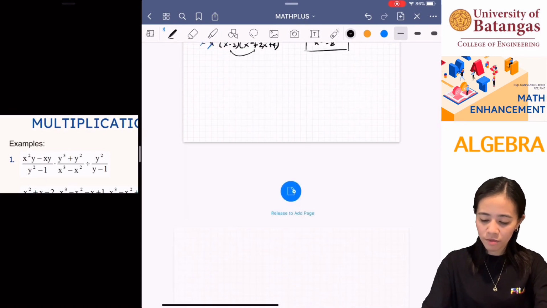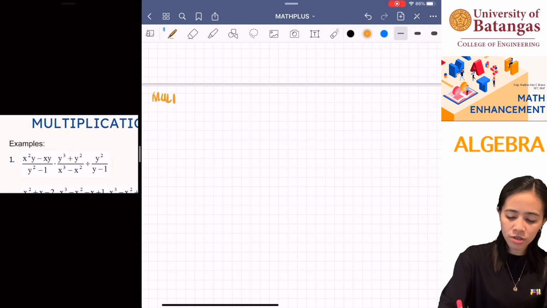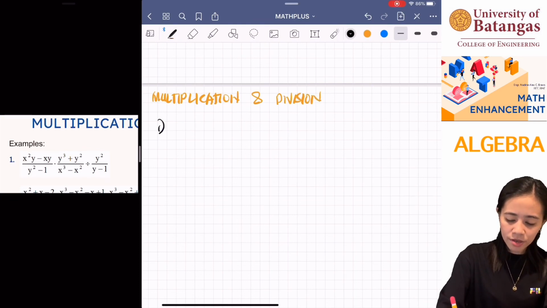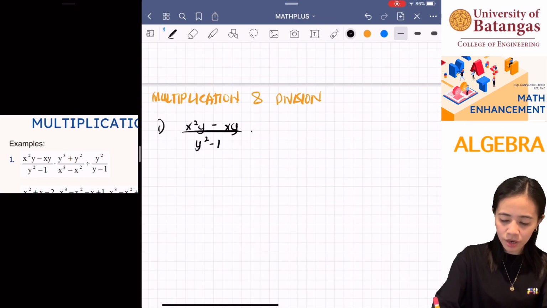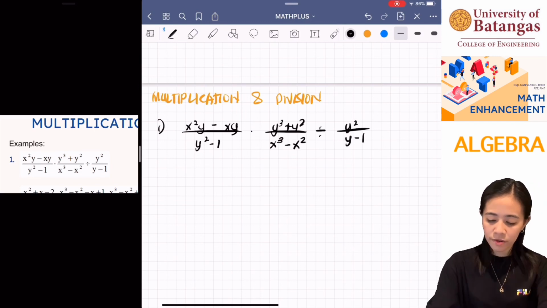Okay. Let me write on a new page, multiplication and division. Number 1, you have x squared y minus xy over y squared minus 1 times y cubed plus y squared over x cubed minus x squared divided by y squared all over y minus 1.